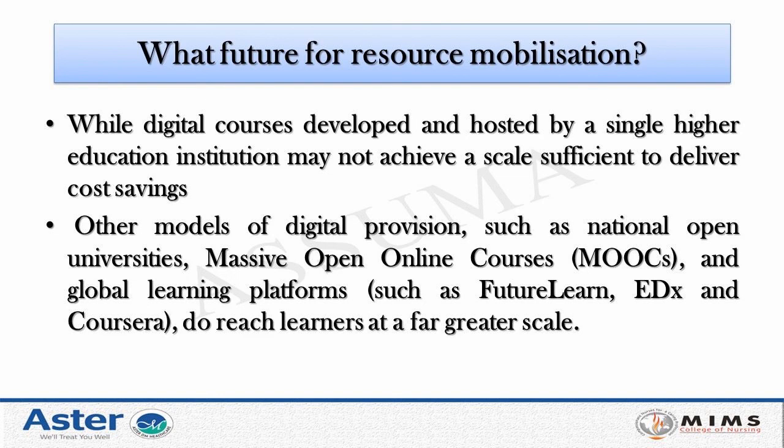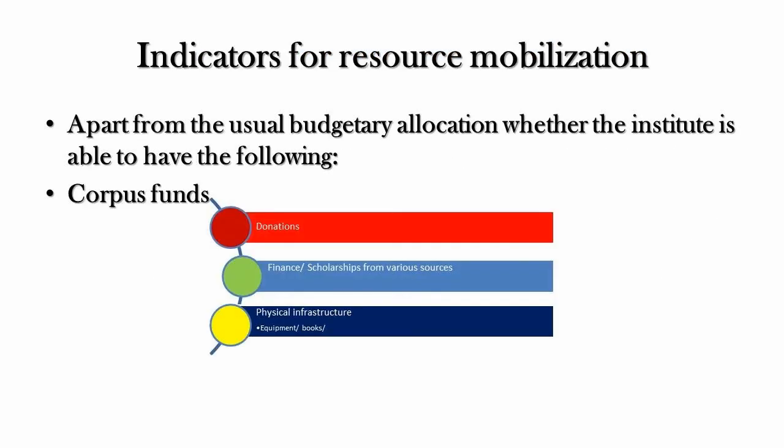So when you go for quality assessment on the resource mobilization part, you can look at the resources coming from other sources, not only the budget and the fees, but other resources coming to the institute through other means like a corpus fund, donations in terms of finance, physical infrastructure, equipment, books, scholarships from various agencies, and sponsorship from various agencies. All these things can be looked into as quality indicators for resource mobilization. Thank you.